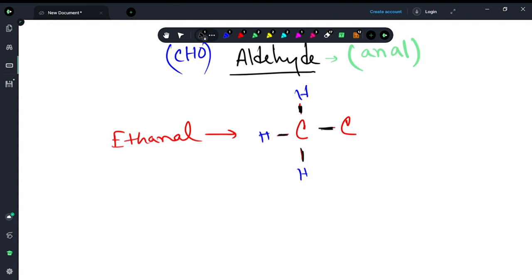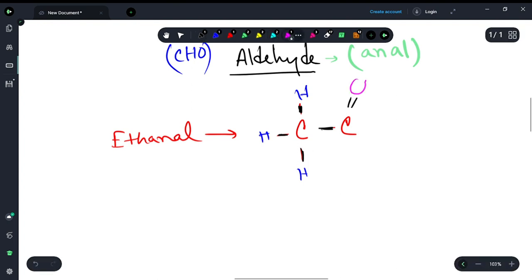The other two hands will be connected to an oxygen. There will be a carbon-oxygen double bond, and it has one hand left, which takes another hydrogen.